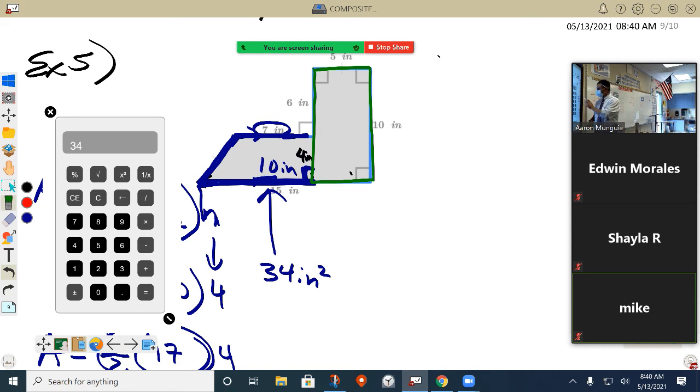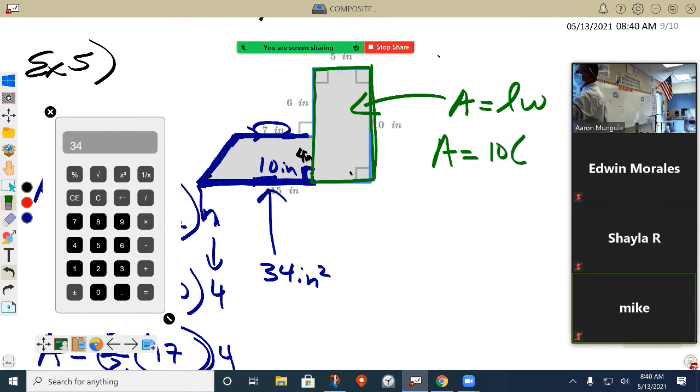Now the rectangle. Rectangles are easy. We could do rectangles in our sleep. Length times width. So the area of the rectangle then is going to be, the length is 10, the width is 5, the area then is 50 square inches.